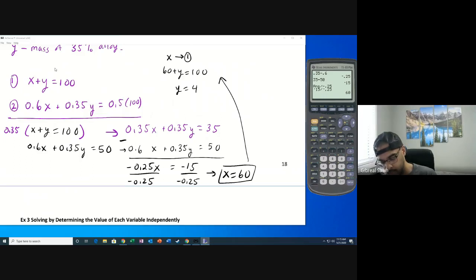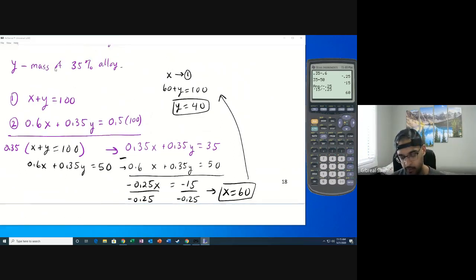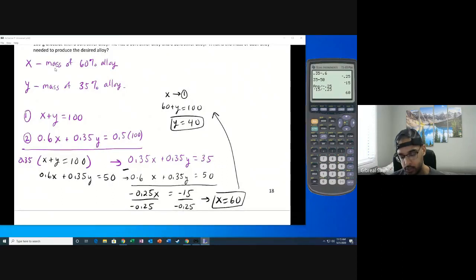That means y is equal to 40. Perfect. Okay, you can verify it again if you need to. But there's my two numbers. That means that the mass of the 60% alloy needed is 60, and the mass of the 35% alloy needed is 40. Okay, so you've got the two pieces now. We know exactly what we need to do.